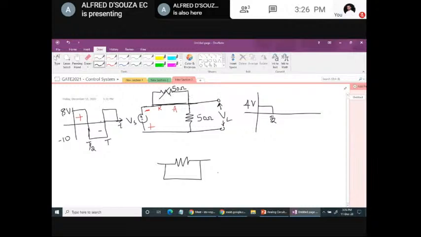This no longer participates in current conduction because this is the least resistance path. So the entire current will flow through this. So the output voltage will be minus 10 volt, no change in the output for the next half cycle. So this is minus 10 volt.